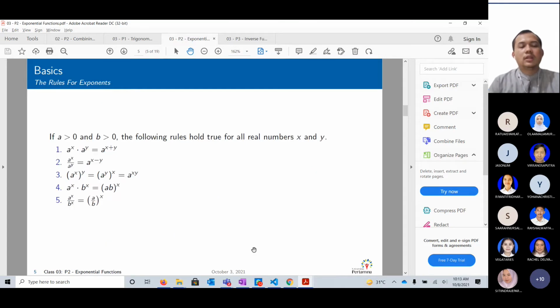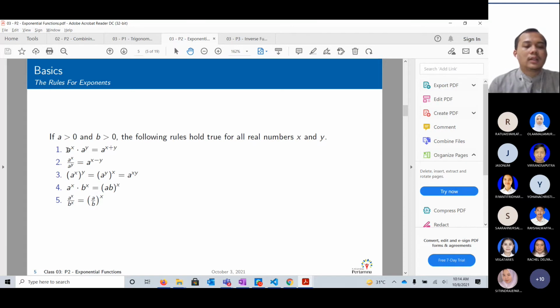So let's go to the rules for exponents that you need to know. If we have a positive and b positive. Now, please remember that we treat a and b here as the base. Then we know that the following rules hold for all real numbers x and y.